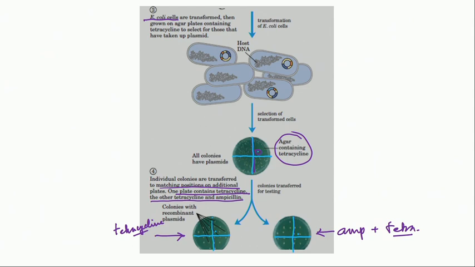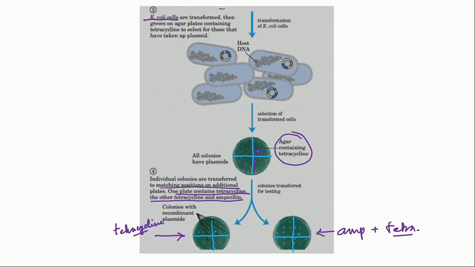Okay. Now, what will happen here, because you have here only tetracycline. So when you transfer it, tetracycline resistance means everything will grow again, just to cross check, everything will grow, because both the vector DNA and the recombinant DNA have the tetracycline gene.